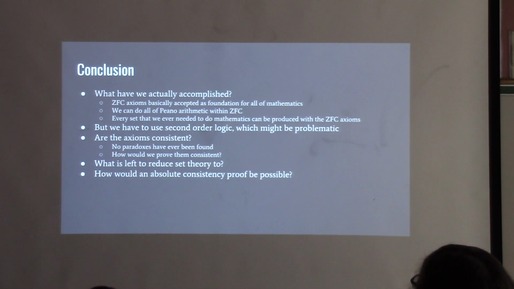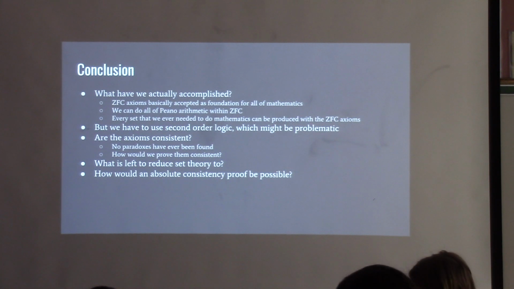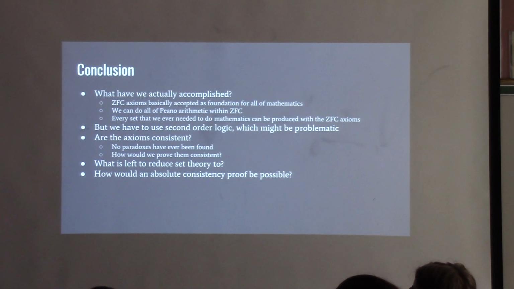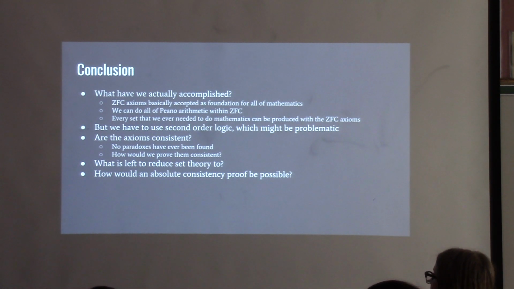Alright, so this is a good place to stop. We could have gone into a lot more technical detail on various points, and I even skipped an entire axiom, the axiom of foundation, so I'm really glad I skipped it because it's really weird. But basically, this axiomatization of set theory basically works.